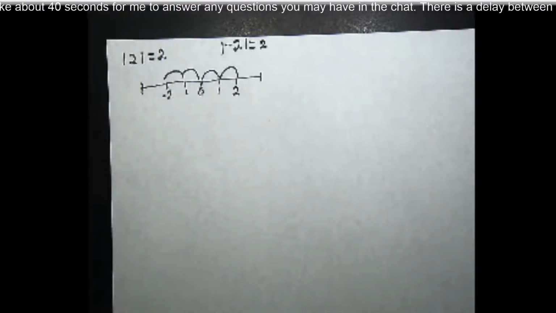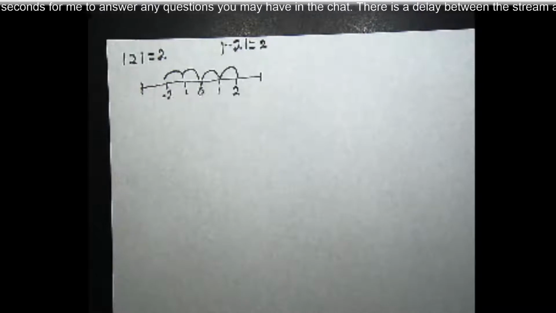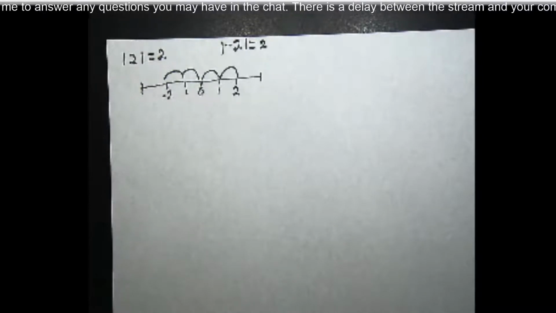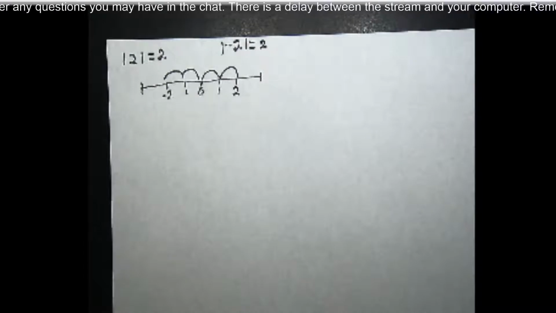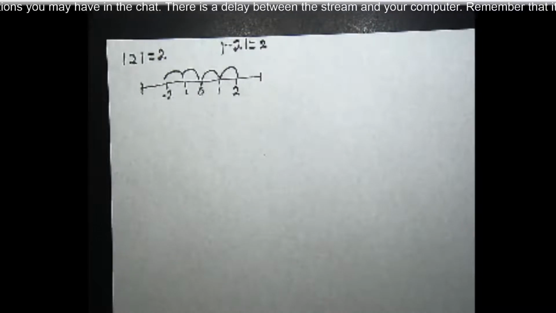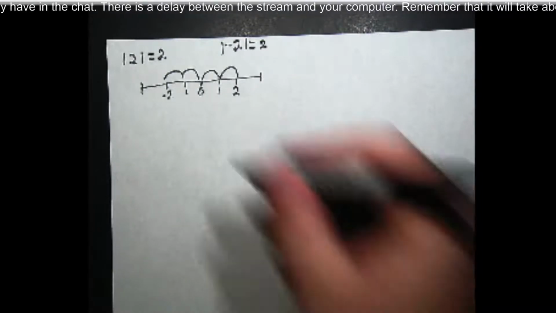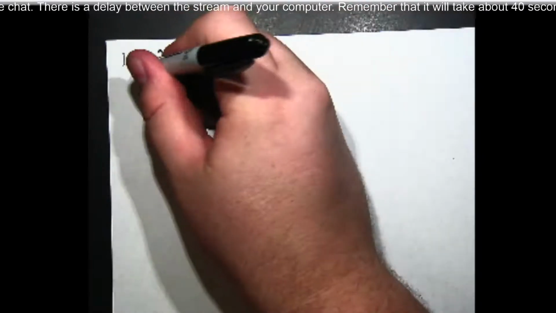Okay? So again, an absolute value treats a number as a distance. In other words, it doesn't have a direction or a sign, because signs are really directions.